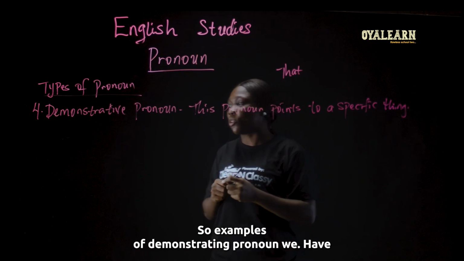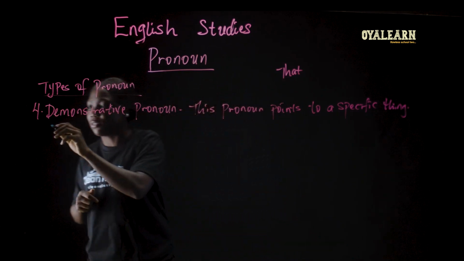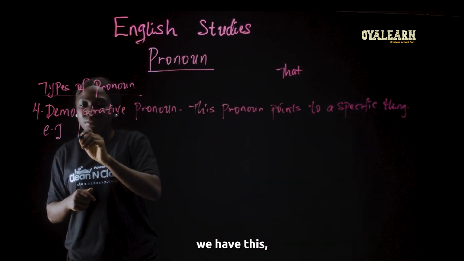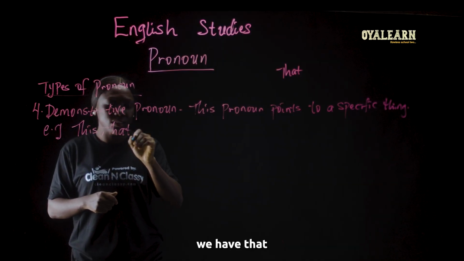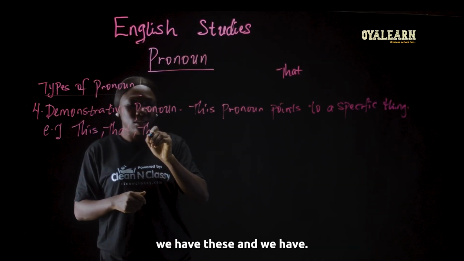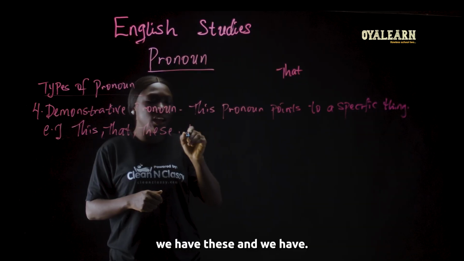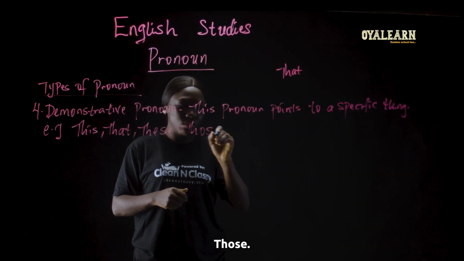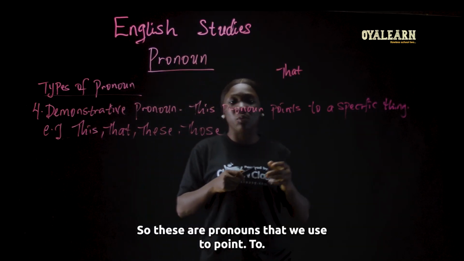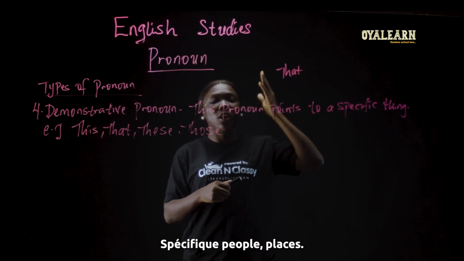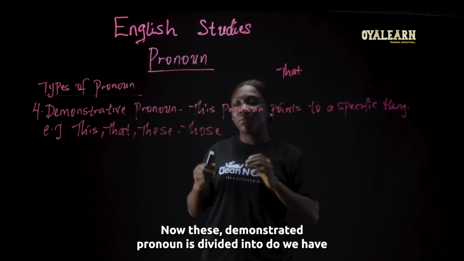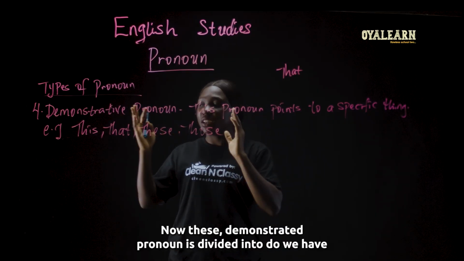So examples of demonstrative pronouns: we have this, we have that, we have these, and we have those. These are pronouns that we use to point to specific people, places, or things. Now, this demonstrative pronoun is divided into two.